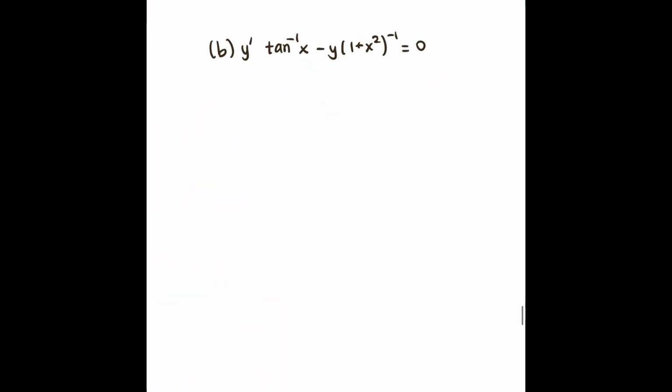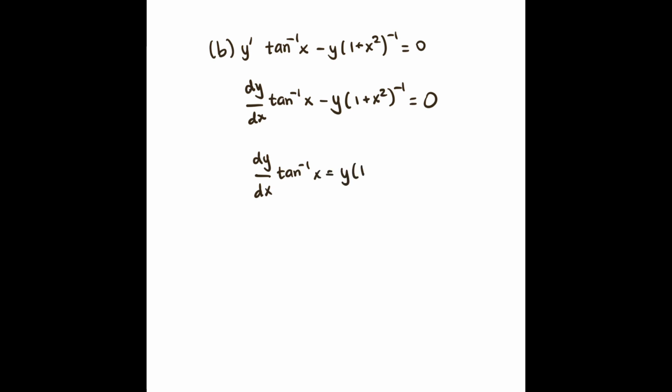Now let's do part B. First we'll write dy/dx, tan inverse of x minus y times 1 plus x squared to the minus 1 equals 0. I'm going to add the second term on both sides.